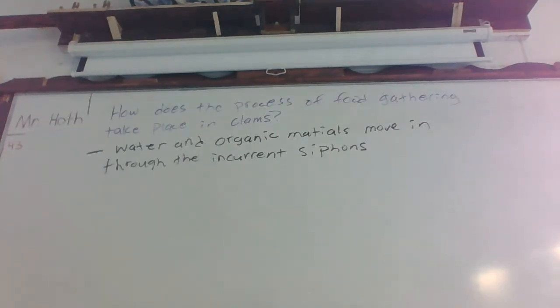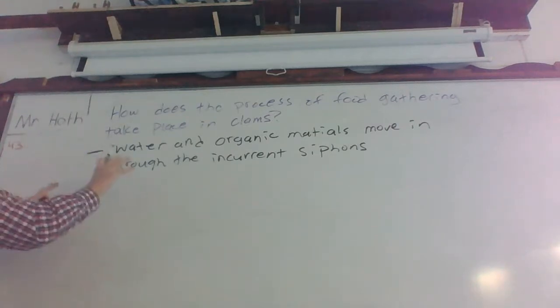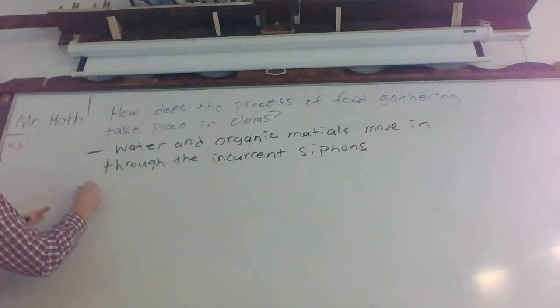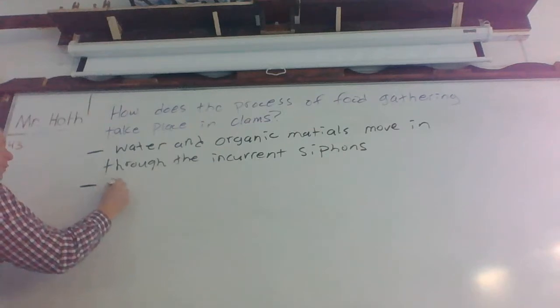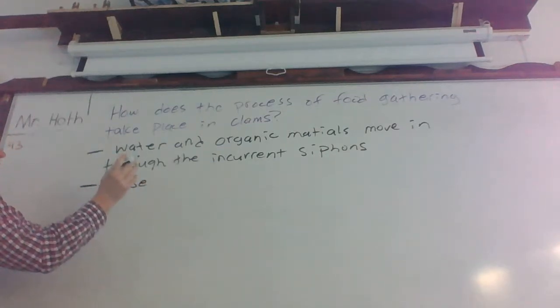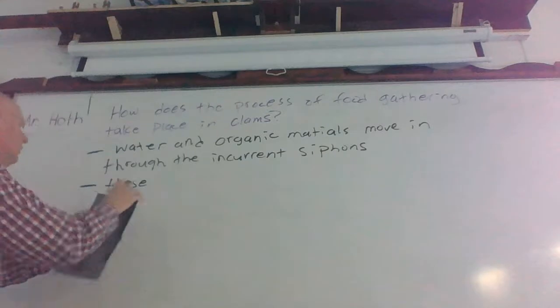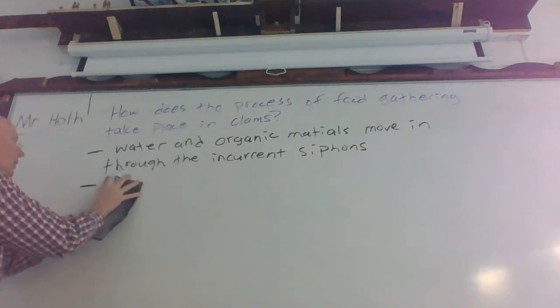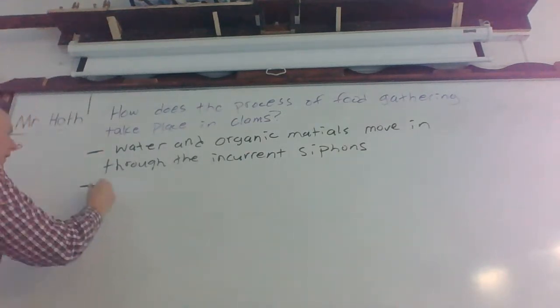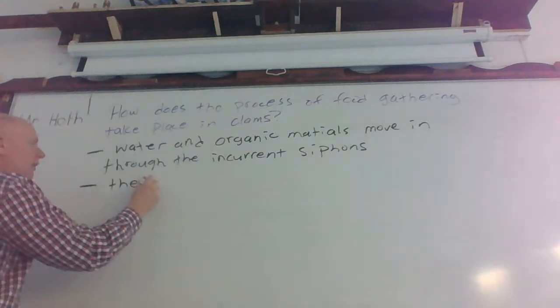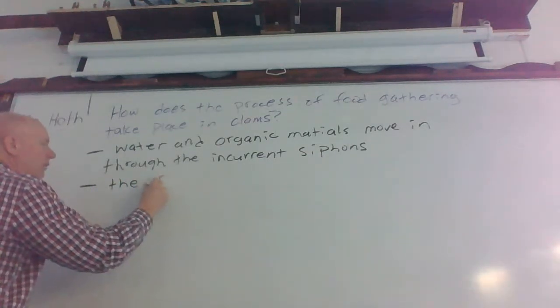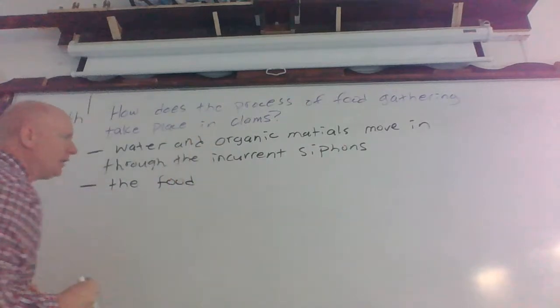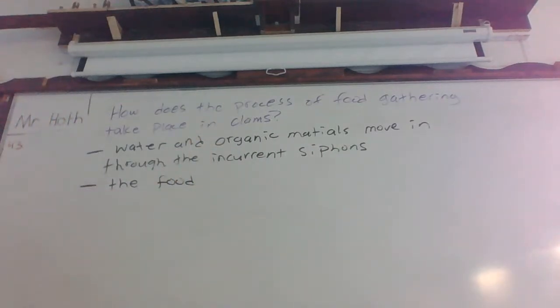So what we see happening is once this water is inside the clam, we'll just say food because that's what we meant by organic materials. So once it flows over those gills, what's going to happen? What makes them filter feeders, like you correctly said?